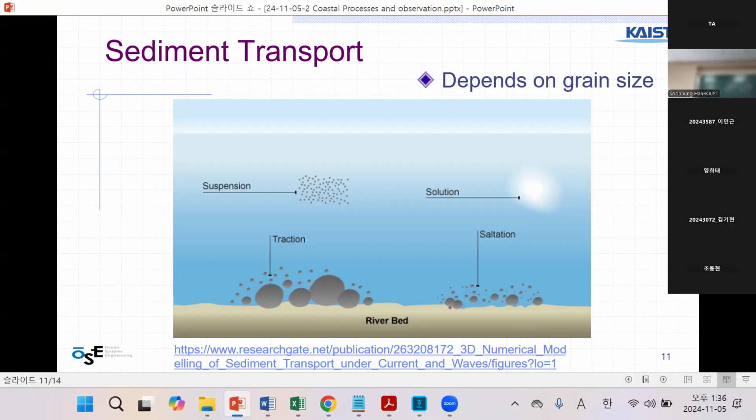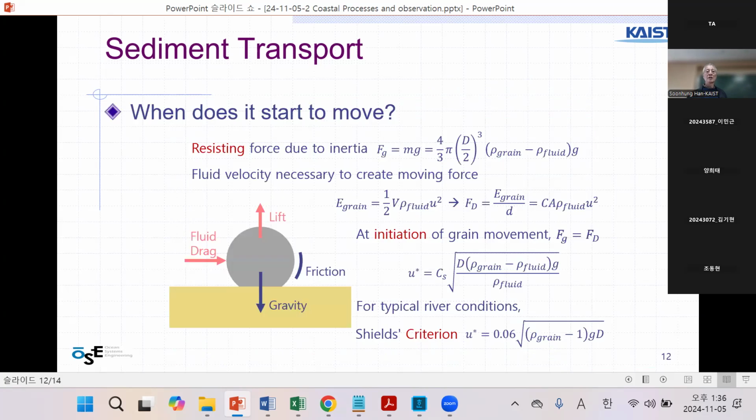And the size of the pebbles also depends on the water speed and streams. So sediment transportation is important, especially for coastal beaches and also along the river shore.